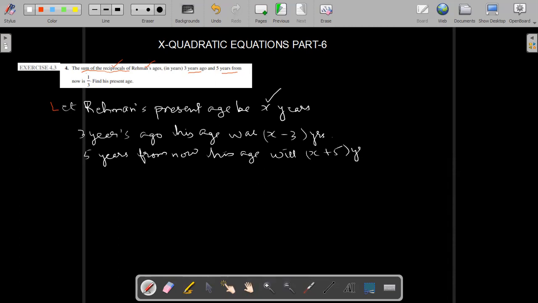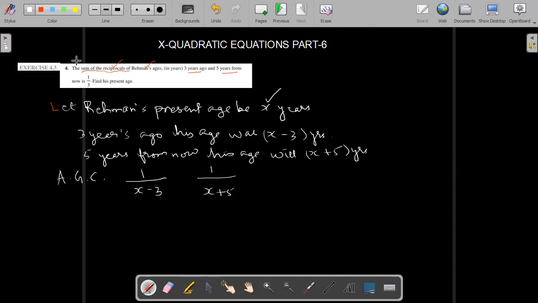Okay. But the question is the sum of their reciprocals. Now the reciprocal according to the given condition: the reciprocal of this age is 1 by X minus 3, and the reciprocal of this age is 1 by X plus 5.